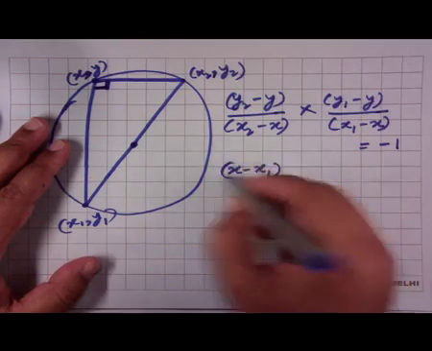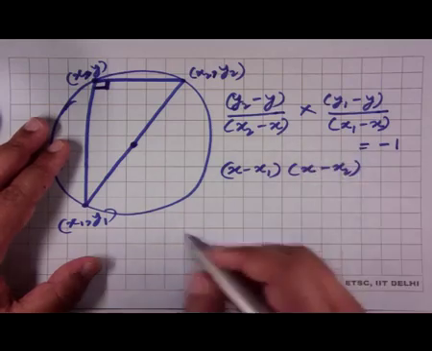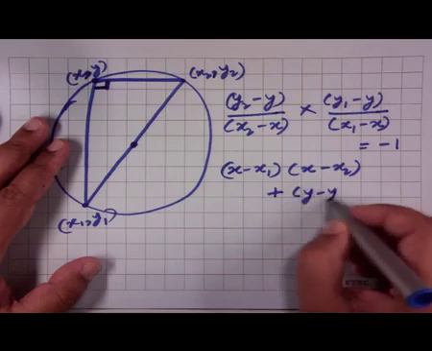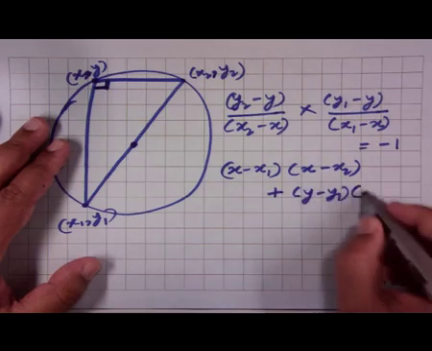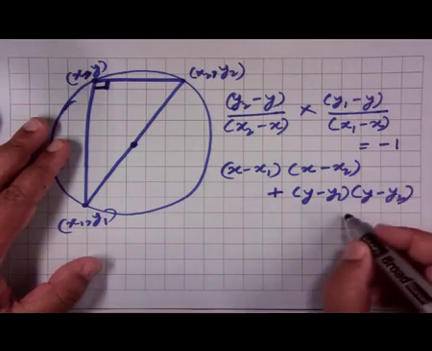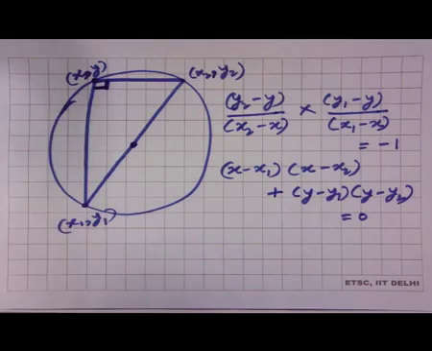If we rewrite it nicely, what we get is (x minus x1) into (x minus x2) plus (y minus y1) into (y minus y2) equals 0.